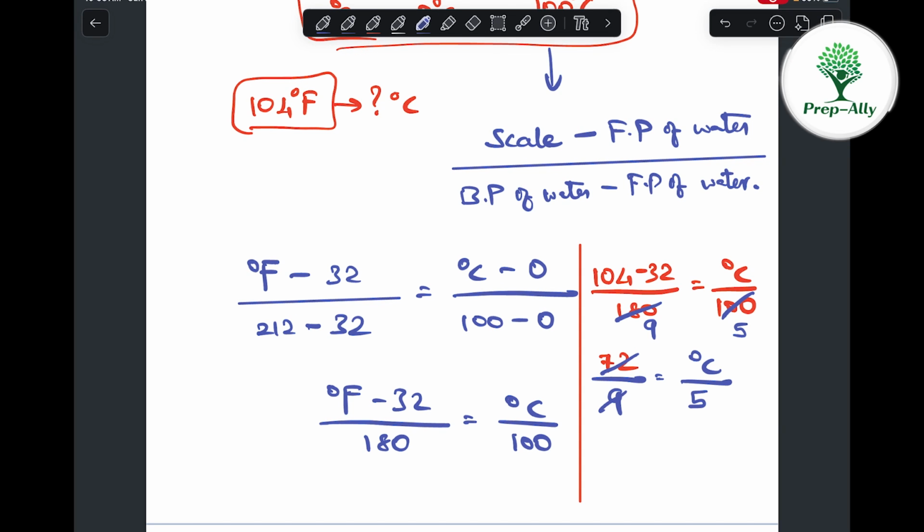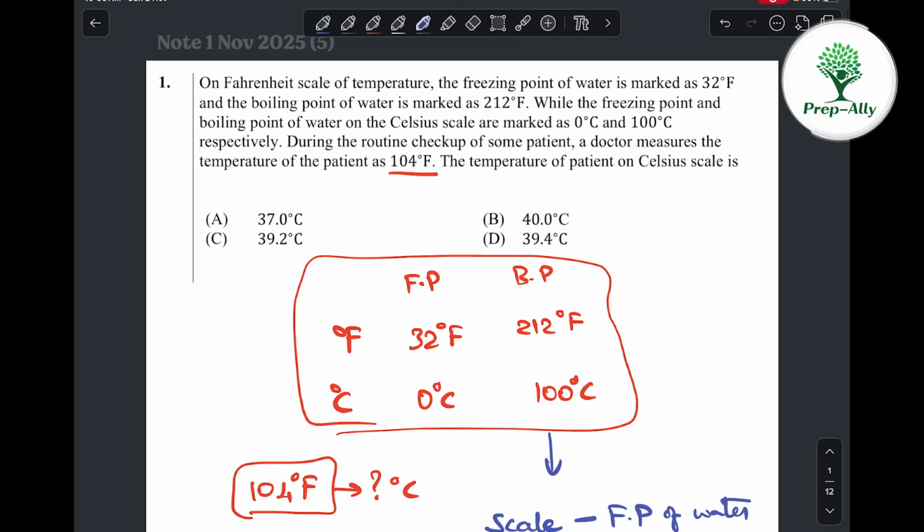Okay, 9 and 72 I think you can cancel. So it will come under 18, 8 I mean. So degree Celsius will be equal to 8 5s are 40. So our answer was going to be 40 degrees Celsius, which is nothing but option B.